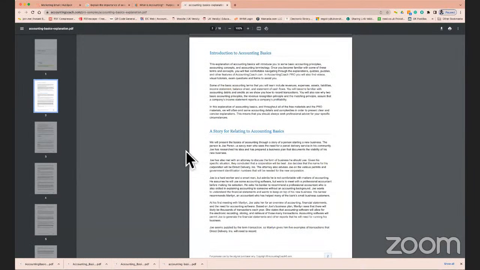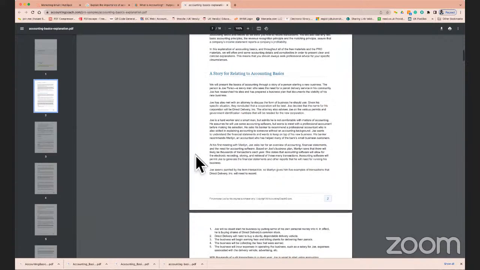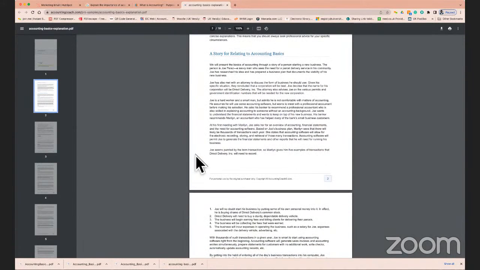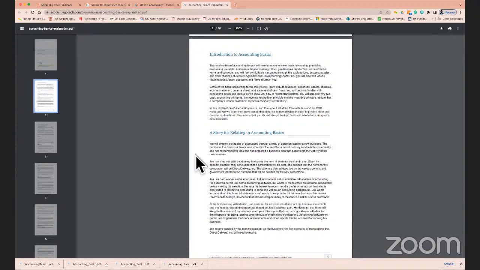It talks about the accounting basics. And as we saw in that video, the lady talked about a business and explained how the person goes about carrying out his various accounting activities. And this particular handout, which is about 17 to 18 pages, would be useful for you to do your assignment as well.